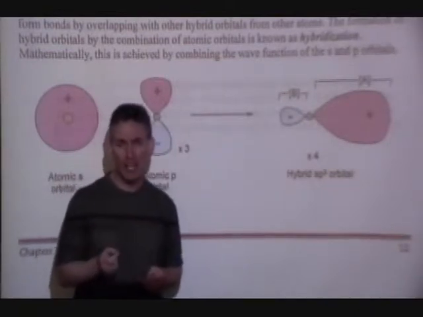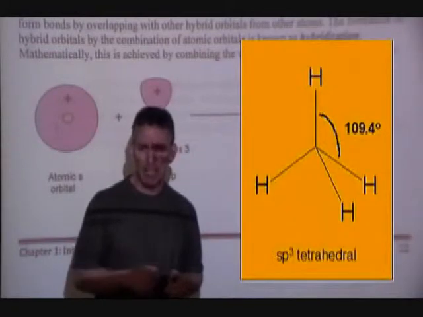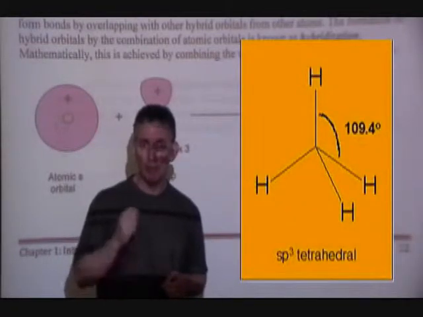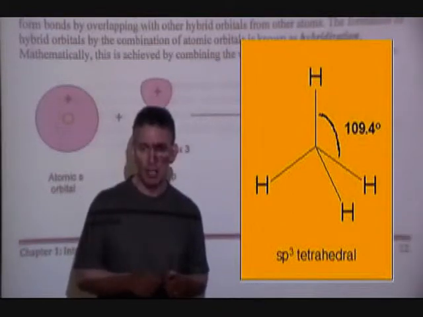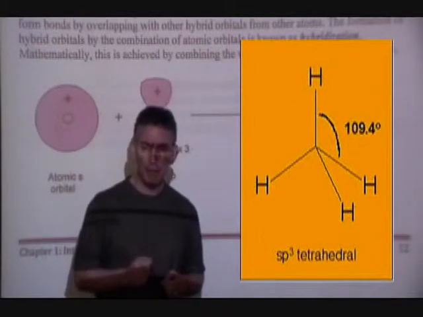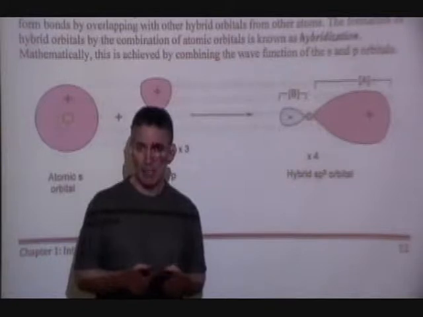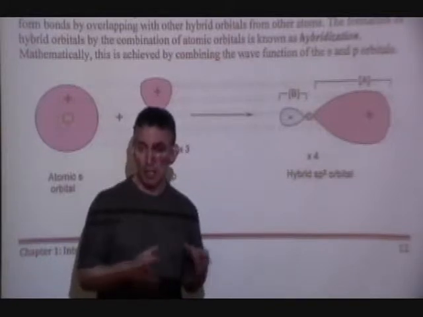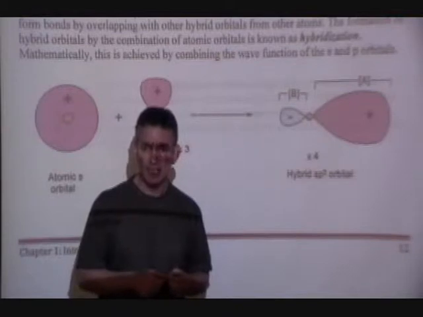Think about the shape of a molecule like methane, a tetrahedral molecule with bond angles of 109.4 degrees between every hydrogen, carbon and hydrogen. It doesn't really fit with atomic orbital theory, with s orbitals and p orbitals, which are of different shapes and sizes.